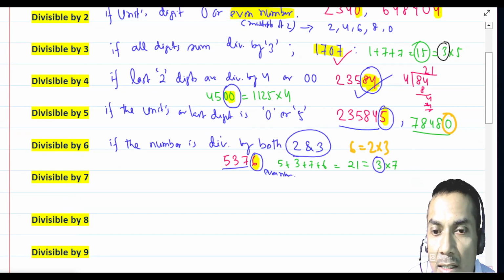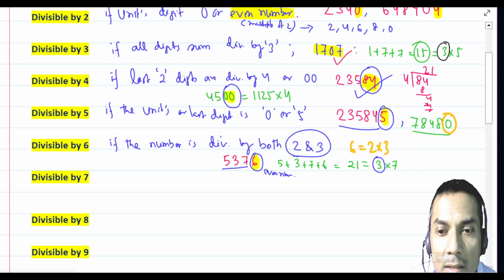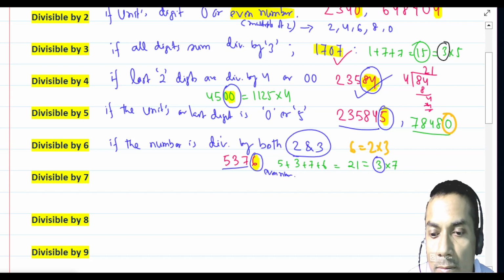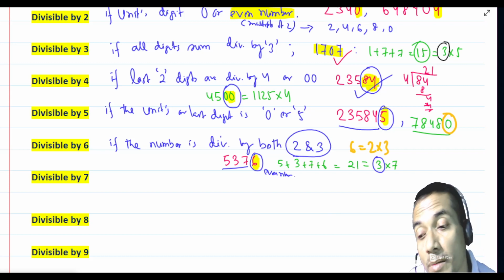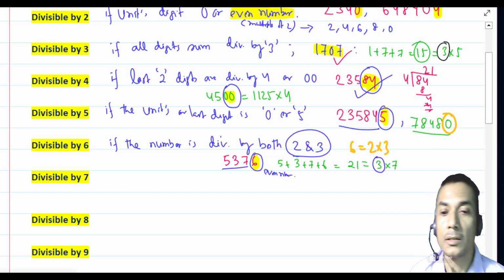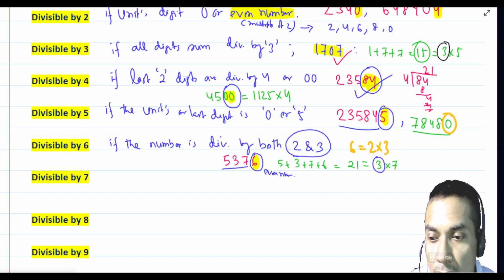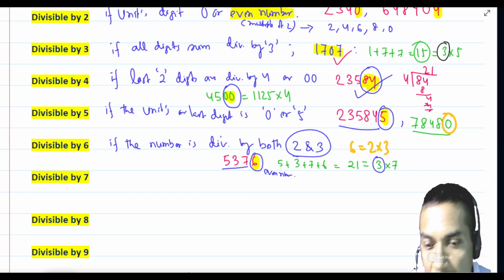Next we learn divisibility by 7. Actually, there is no need to remember the rules. If you remember through an example, it will be very easy to understand. No need to remember the rules, but apply them.